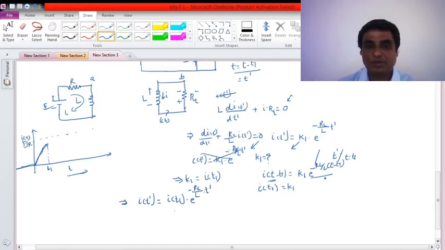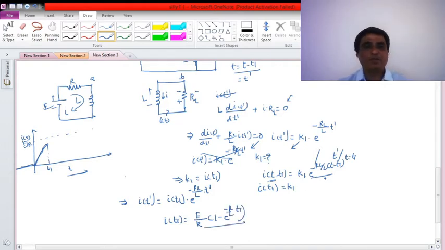And what is the I of t1 current? I of t1 was E by R into 1 minus e raised to minus R by L t1, which is to be evaluated at time t1. Whatever the current may be, if I'm doing the switching at this point, this will be my current. And now what was my next?